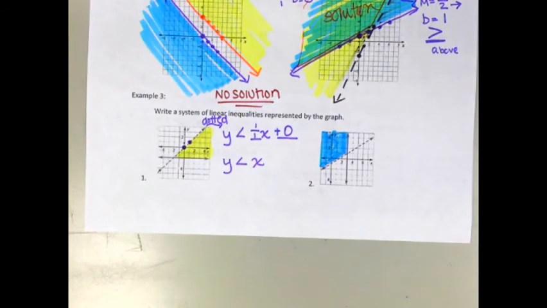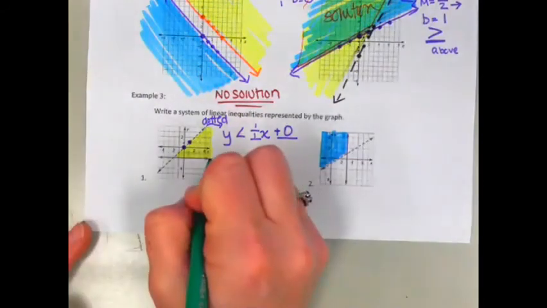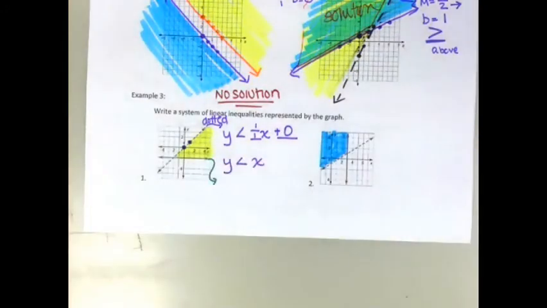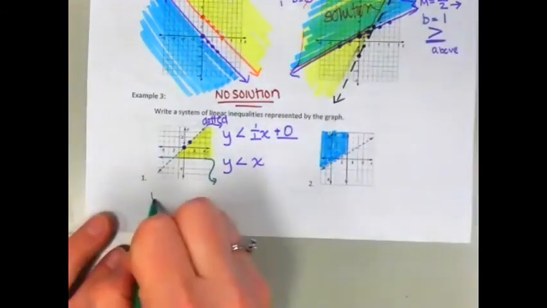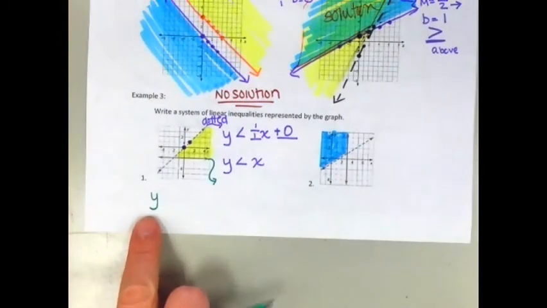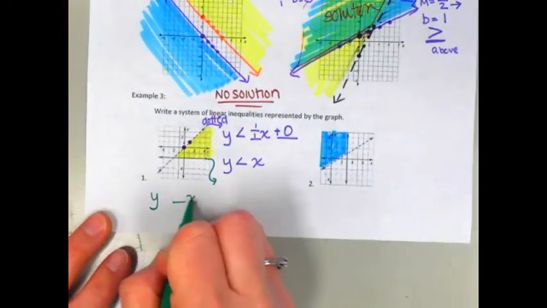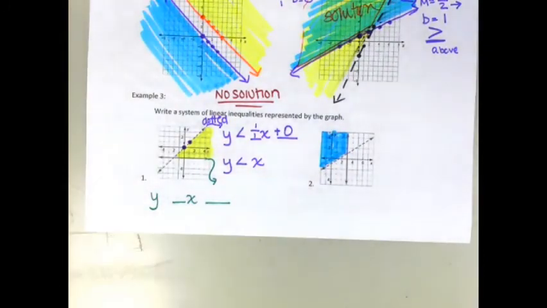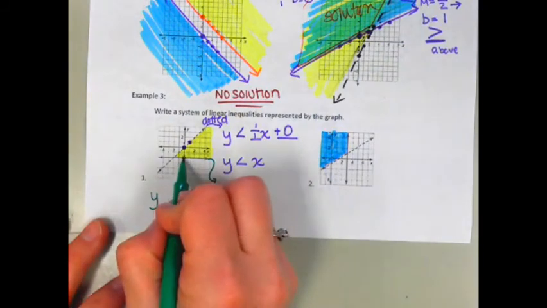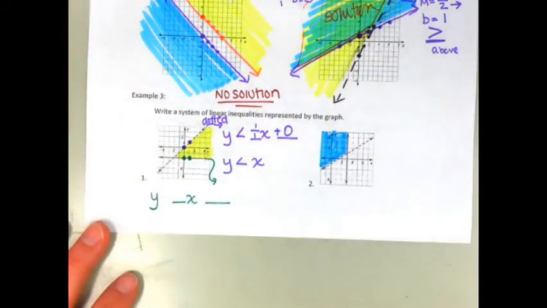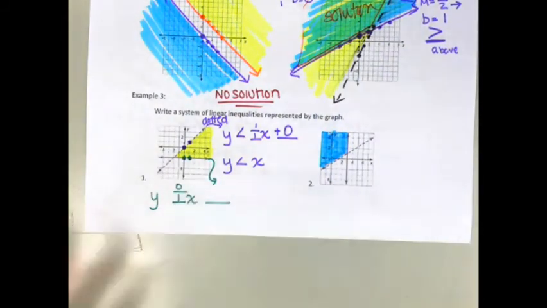All right. Now, looking at this horizontal line, again, we're y because we crossed the y-axis. What is the slope of a horizontal line? How much do we rise? 0, and we run what? 1.